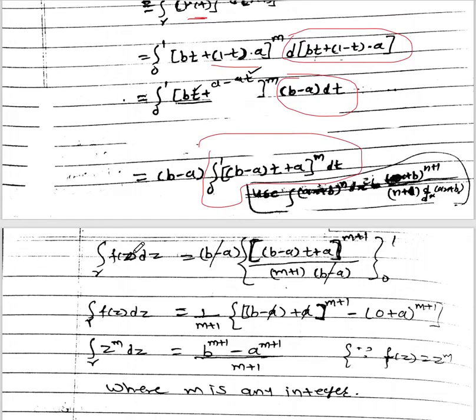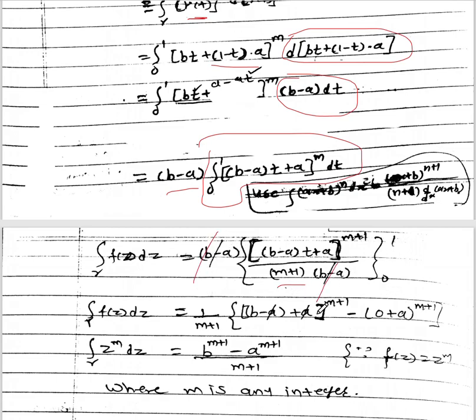So the integral over gamma of f(z) dz equals b minus a as it is. So the term is ((b minus a) t plus a) to the power m plus 1 divided by m plus 1, and the derivative of this term with respect to t, that is b minus a. Okay, and the limits are 0 to 1. So here b minus a and this b minus a will get cancelled.